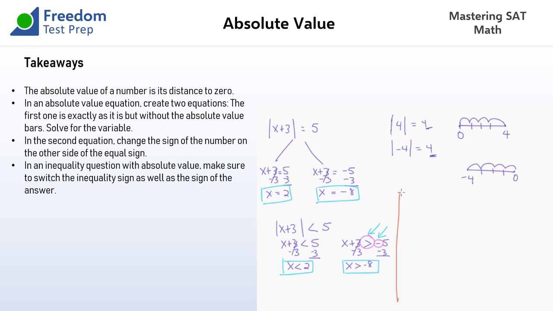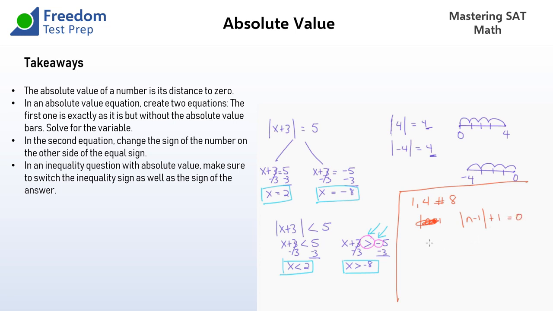Okay, now here is a little problem. Let's go to test 1, section 4. This is an actual question I could show you, number 8. It says, for what value of n is the absolute value of n minus 1 plus 1 equal to 0?